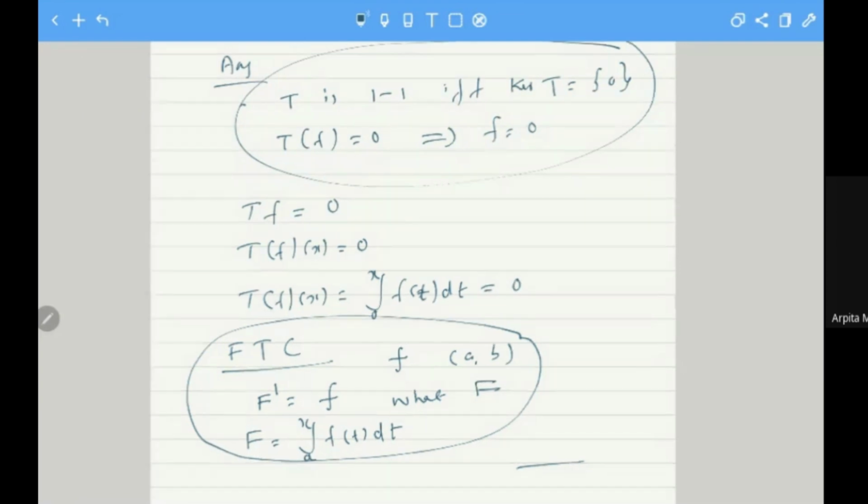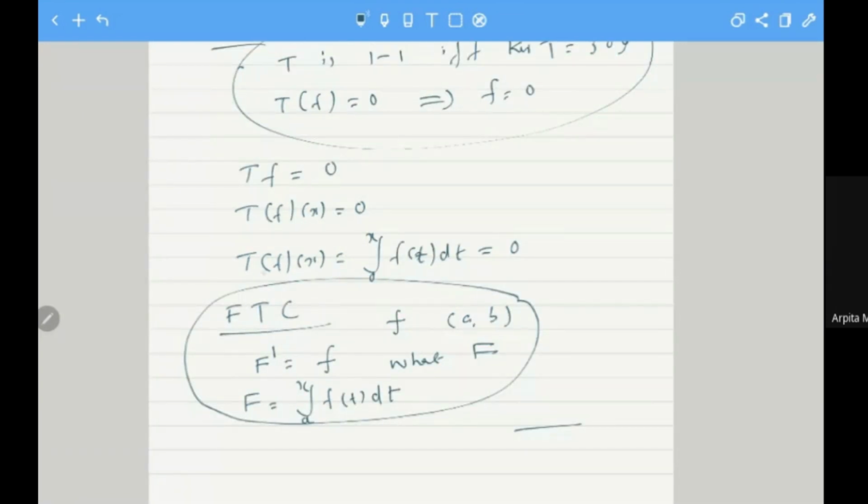So here it says T of f acting at the point x is 0. That means integral 0 to x f of t dt is 0. That means our capital F is 0 at every point x. So if F is 0, F dash is also 0.